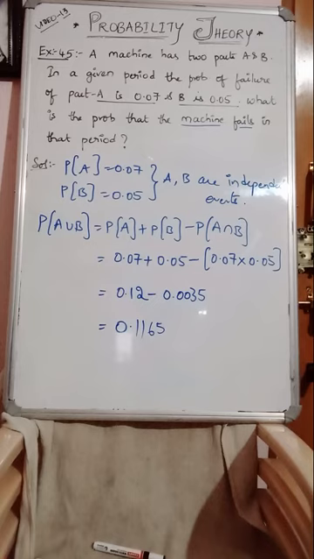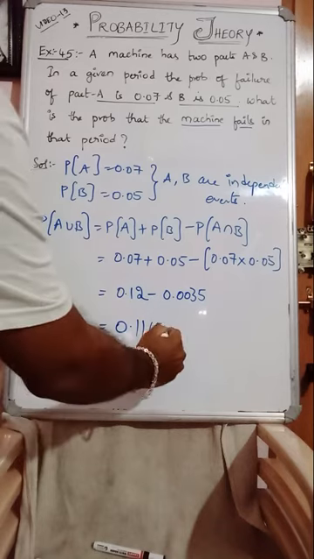Look at that, guys, whether it is correct. 0.07 plus 0.05 becomes 0.12, perfect. And 0.07 into 0.05 becomes 0.0035. 0.12 minus 0.0035 is 0.1165. Yes, perfect. So 0.1165 is the answer.